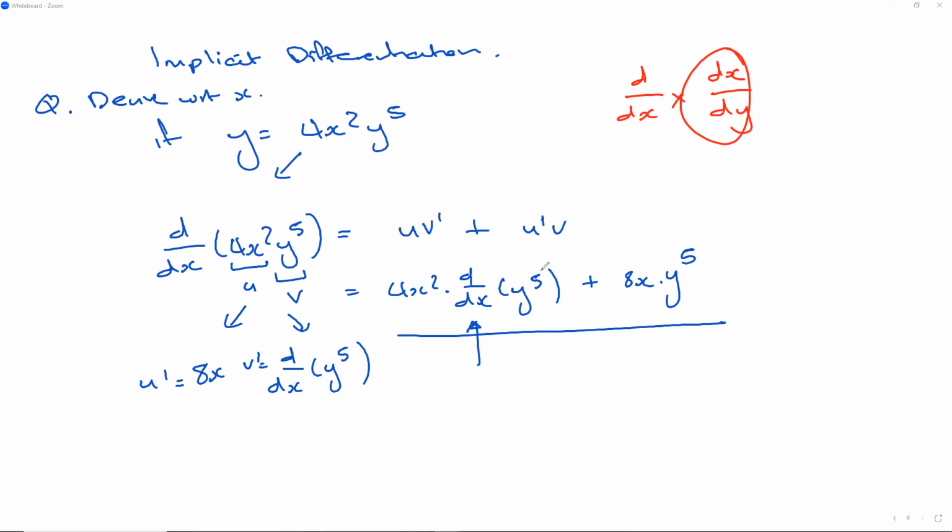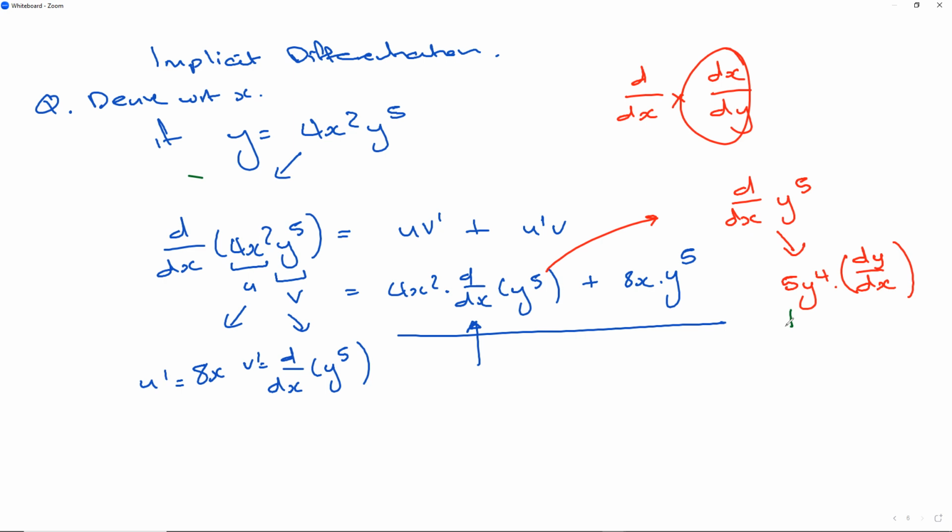So basically, by deriving y with respect to x, whenever I do that, I use the power rule, I get 5y to the power 4, but right next to it, I write dy dx every single time. And why do I do that? Because basically that is exactly the same as that there. Dy dx will cancel out with this component over here. So I've derived the first part here.